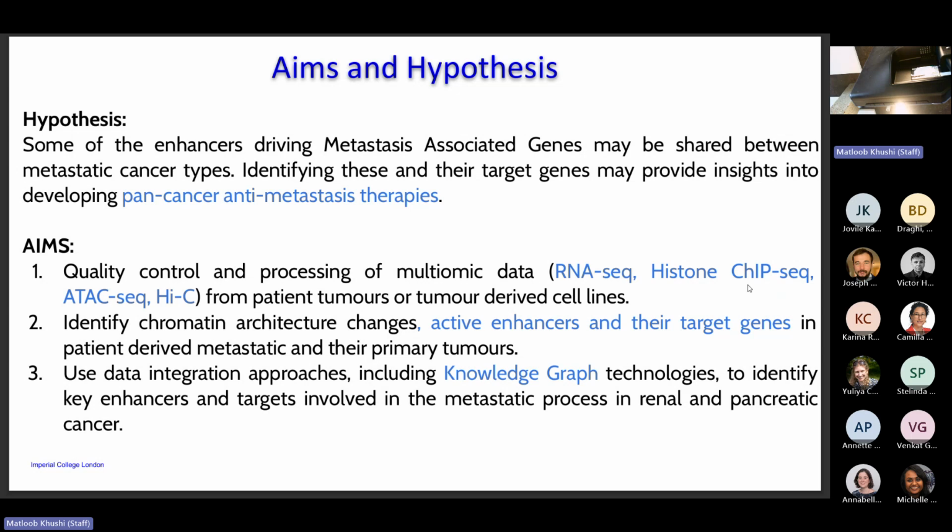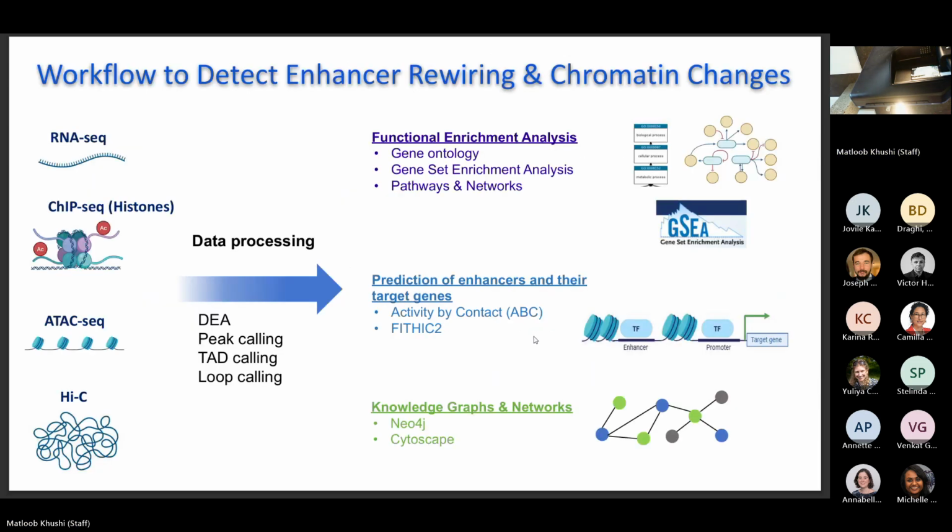We had to process all these different types of data, and each type has its own biases. So you had to clean them up, normalize them, figure out what each one means, and then integrate them. To integrate them, we used knowledge graph technologies. So we built a metastatic knowledge graph. These were the 4 different data types.